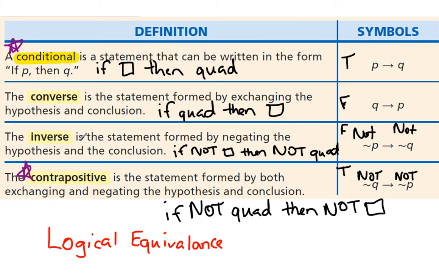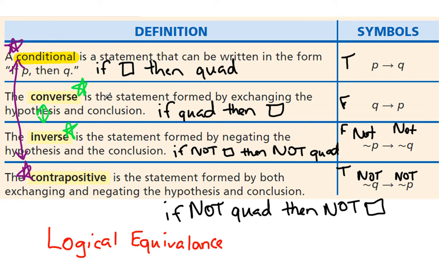And then our converse and inverse, we notice a relationship here. If the converse is true, then the inverse is true as well. If the converse is false, then the inverse is going to be false. So these two are buddies, and these two are buddies. Right?